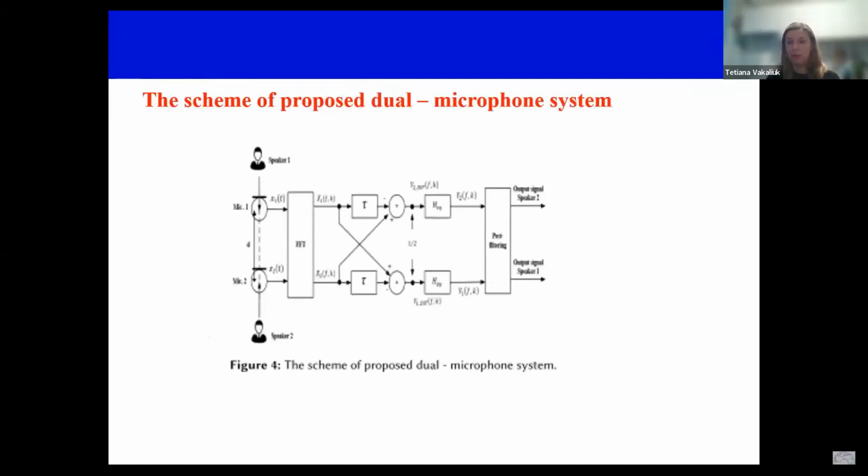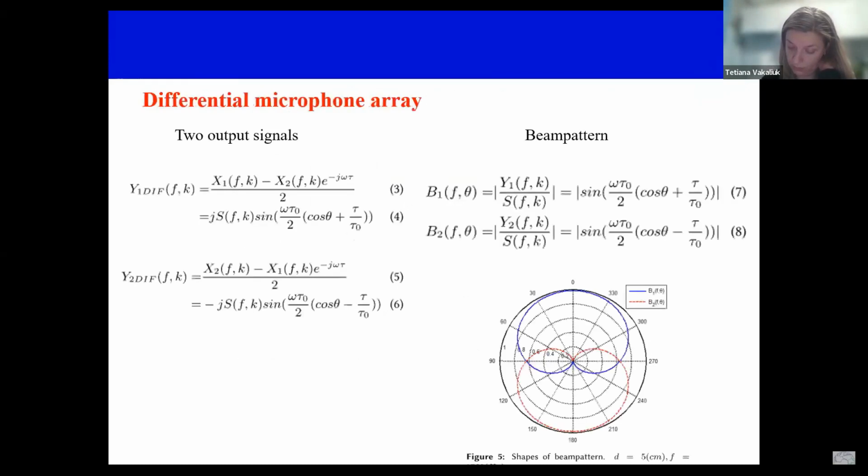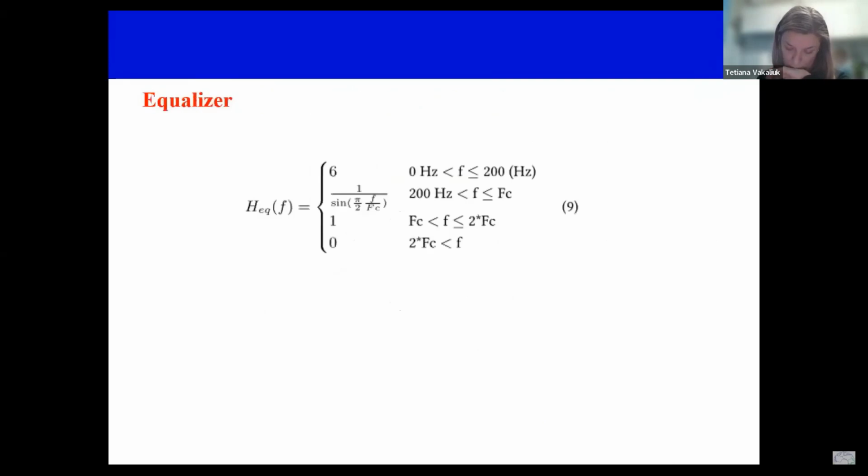In the proposed method of the previous works, as we can see, the differential microphone array produces the output signal, the beam pattern and its shape, and the equalizer for obtaining the target speech speaker.